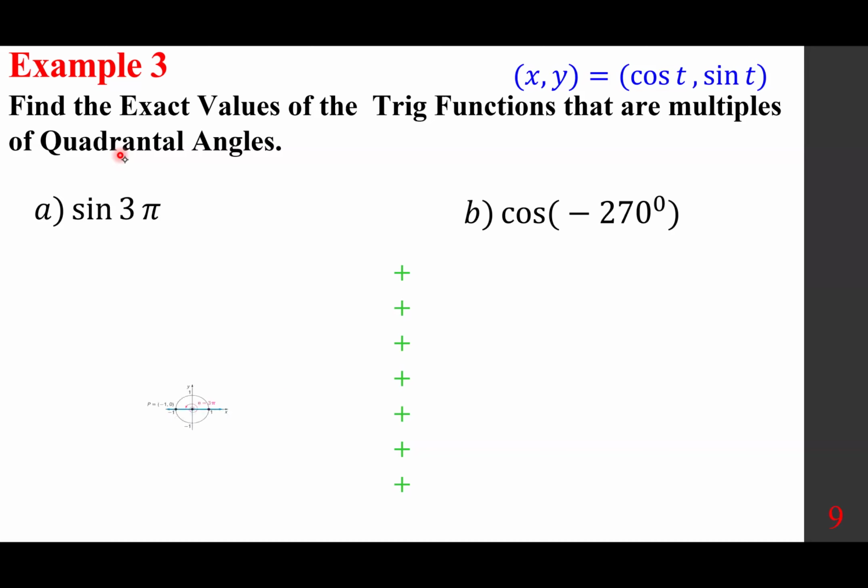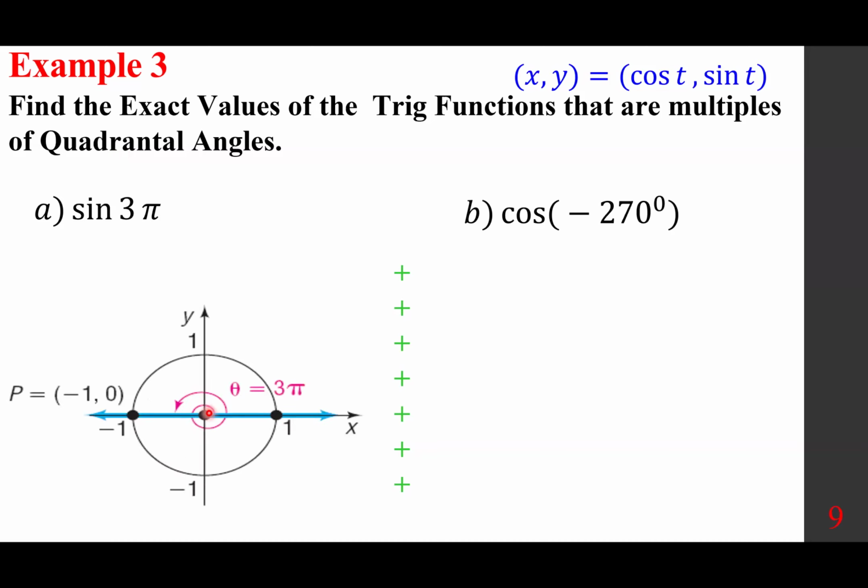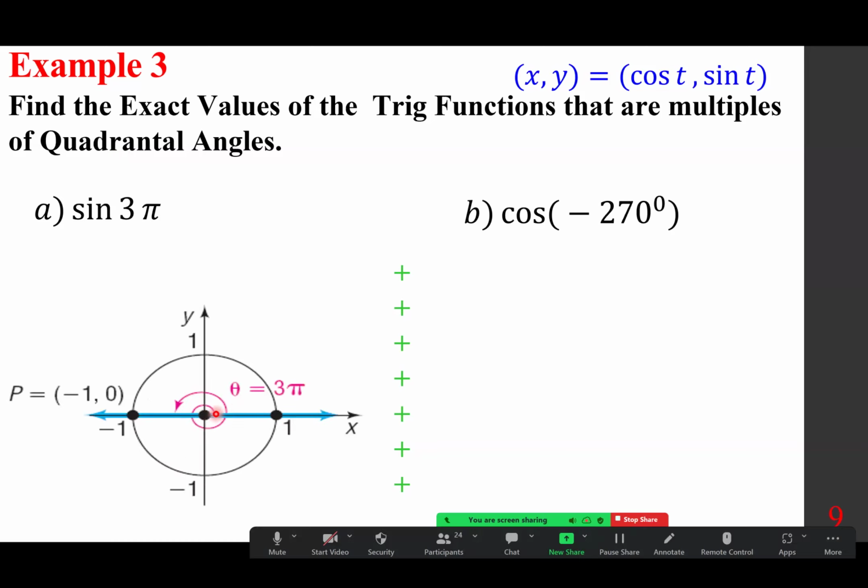So let's do the graph. That means go a complete revolution and then add a pi, because 3 pi is 2 pi plus pi. So you go a complete revolution. 2 pi is a complete revolution, everybody.